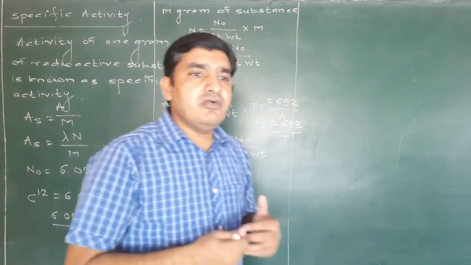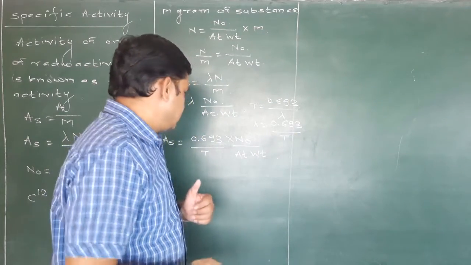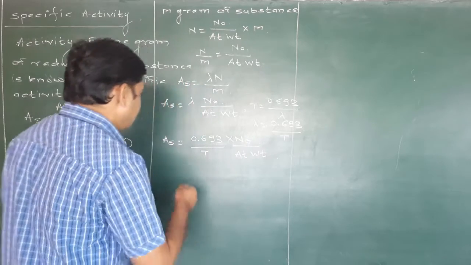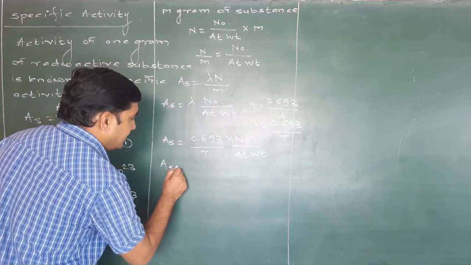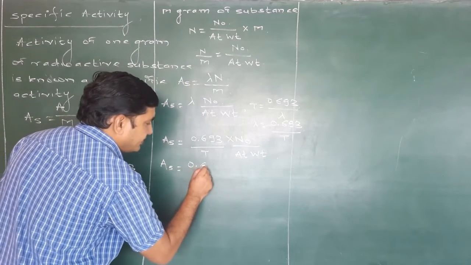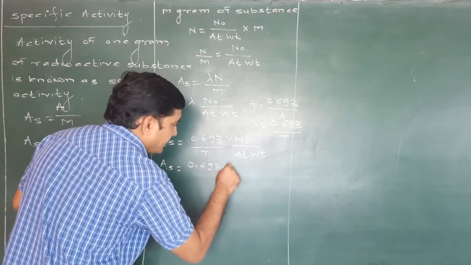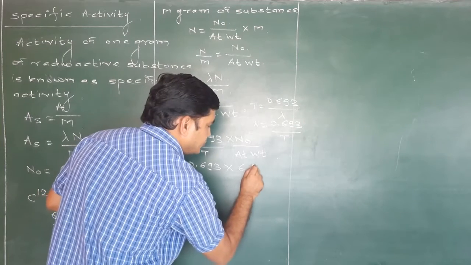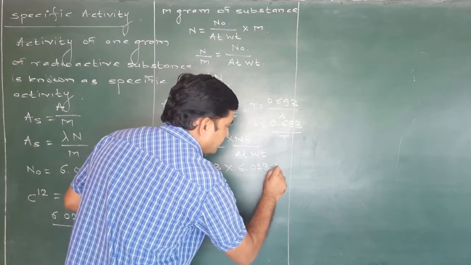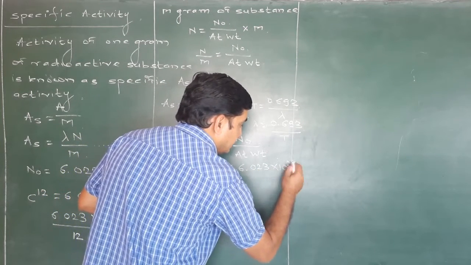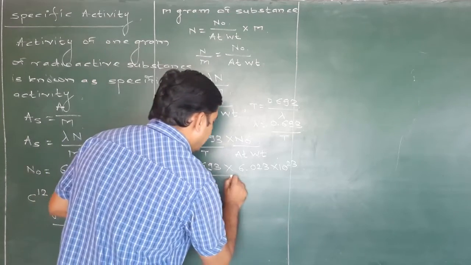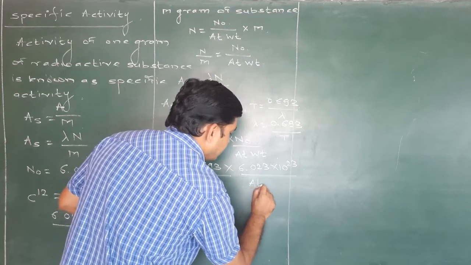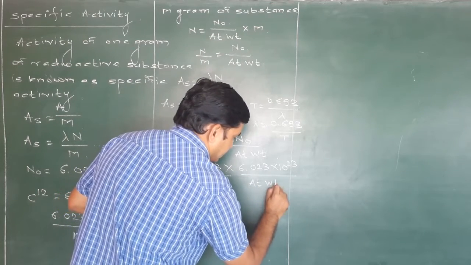Now when we solve this, here N0 means Avogadro's number. So specific activity AS is equal to 0.693 into Avogadro's number, 6.023 into 10 raised to 23, divided by capital T, divided by atomic weight.